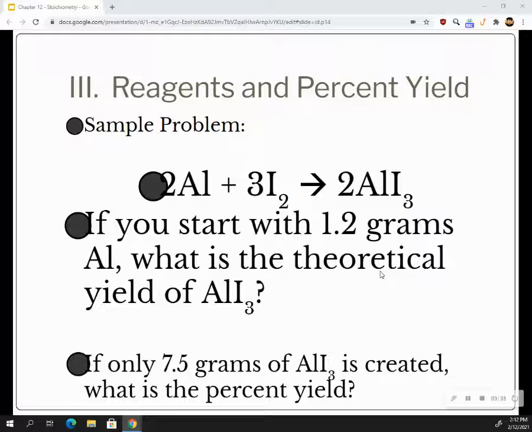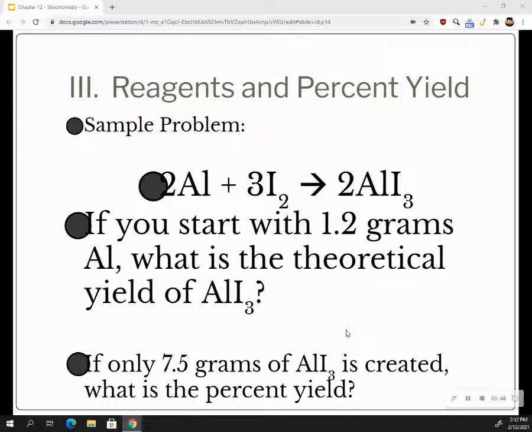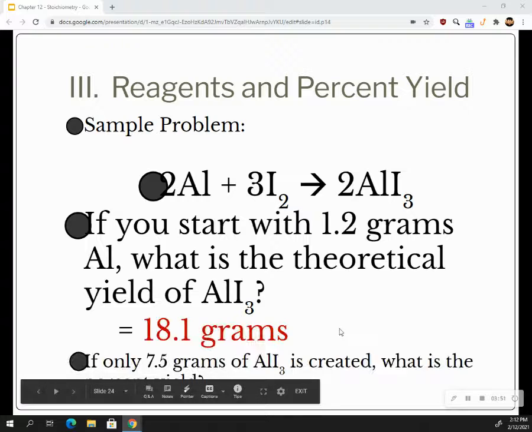So if you were to start with 1.2 grams of aluminum, what is the theoretical yield of aluminum? If only 7.5 grams are created, what is the percent yield?